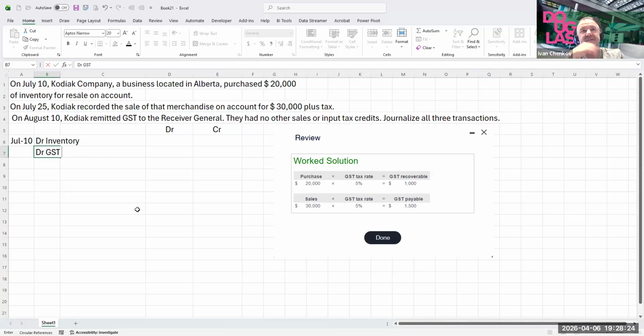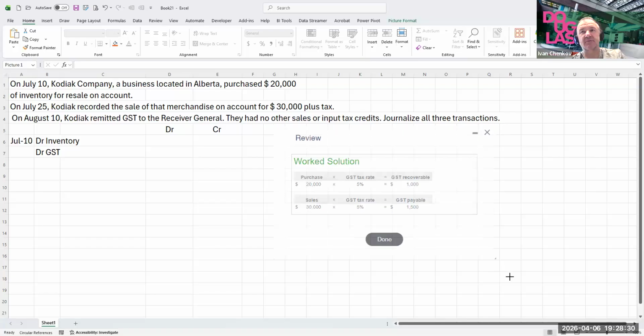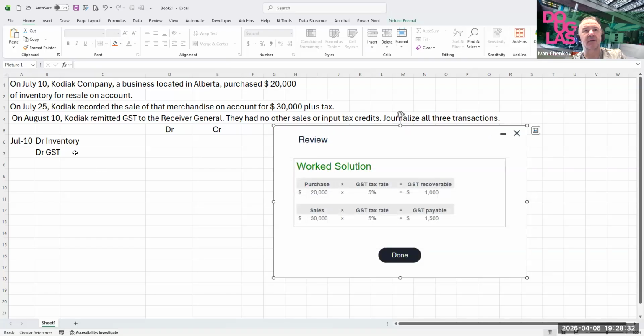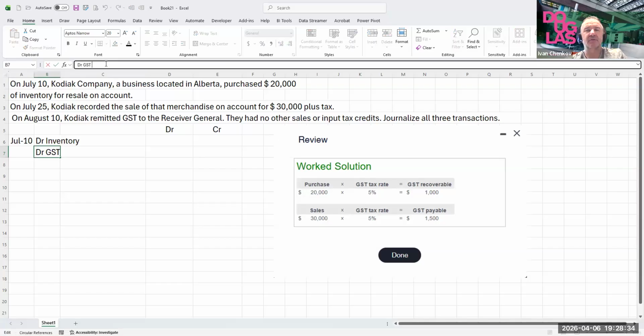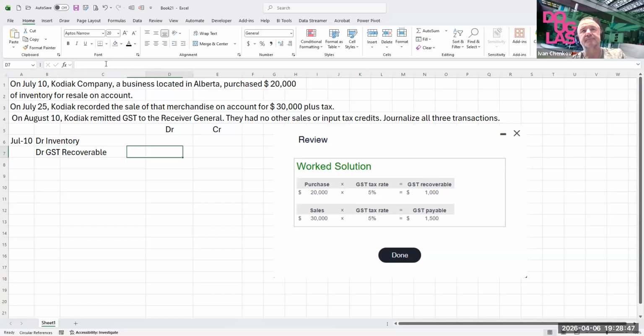How do we call this GST that we pay? If you see here, the question already says it: GST recoverable. You don't have to think about it, you don't even have to wonder, should I open the textbook? It says there, GST recoverable. So recoverable, done.